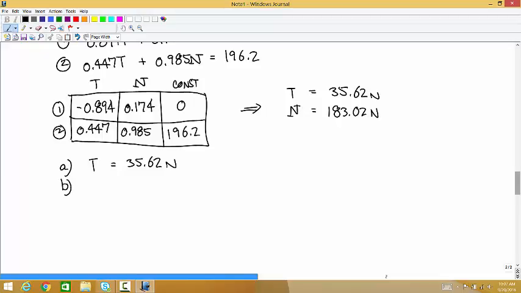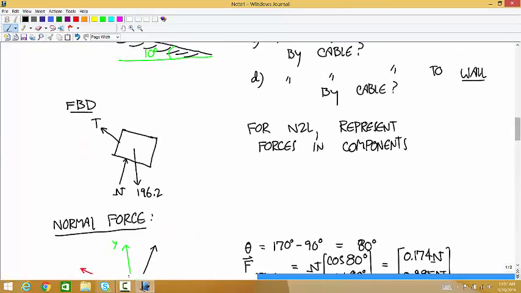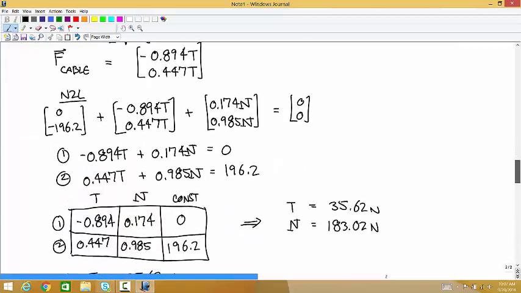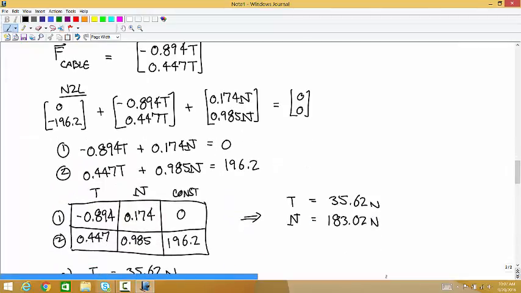But for B, we're asked for the force vector applied to the box by the ground. That means this right here is the force applied to the box by the ground. We just didn't have numbers for it yet because we didn't know what N was.